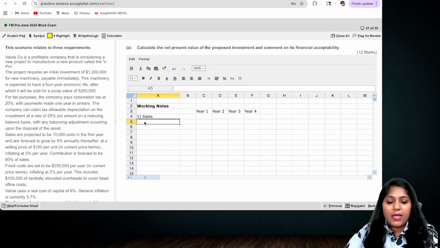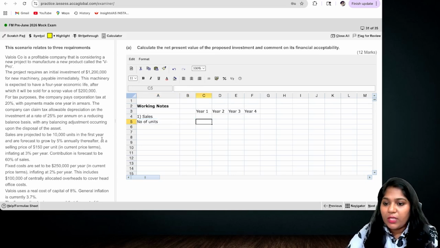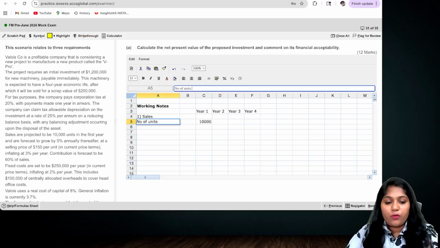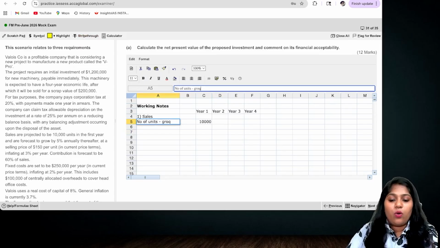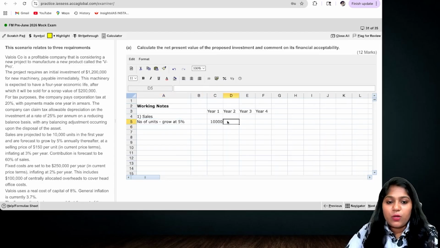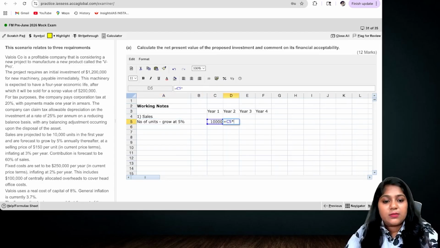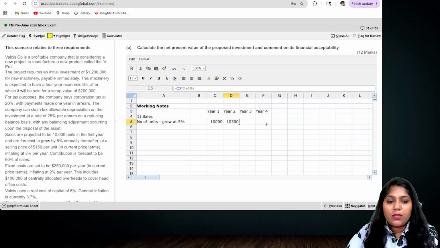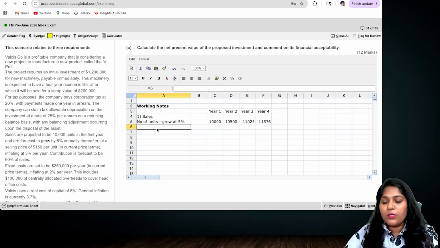I'm going to have 10,000 units in year 1, but it is going to grow at 5% per annum. So in year 2, it will be 10,000 plus 5%, so you can take 1 plus 5%. And in year 3, it is going to be this and this. So you can easily drag down the formula, everyone. Keep it at the center. Number of units over.